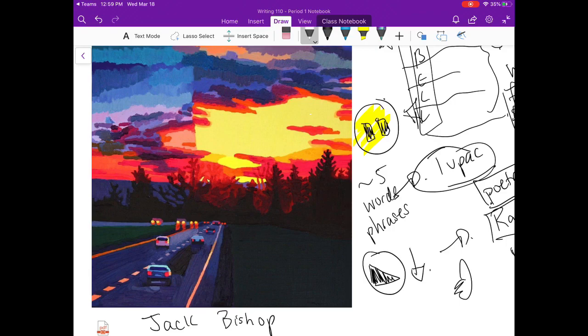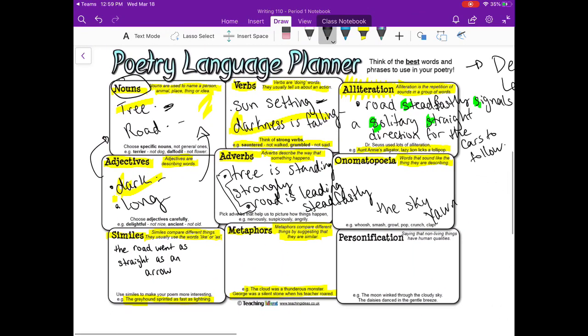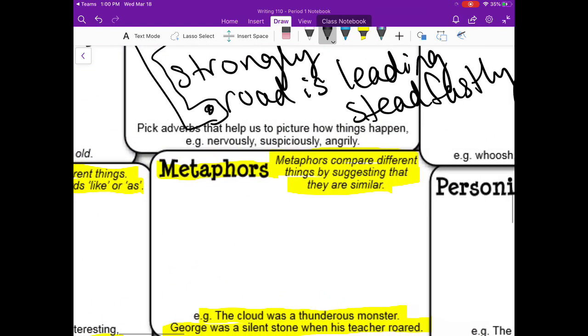So I'm going to do the headlights. So, let me make this bigger. Ooh, technology.